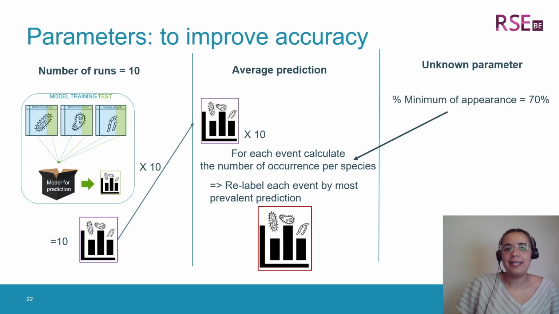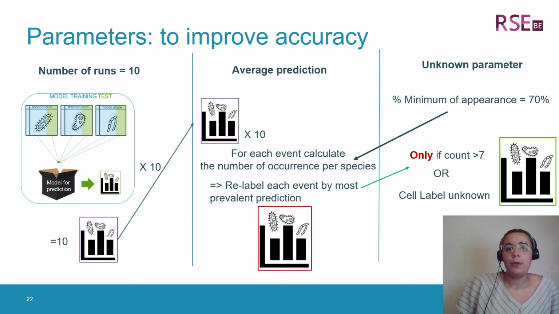In this case, if the most prevalent species for an event is predicted more than 7 times, then the event will be labeled as this species. If not, the cell is labeled unknown. So with this information, the user can reduce the number of false positives, but the thing is, it will also reduce the true positives.